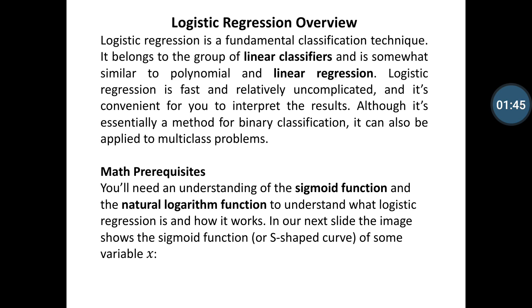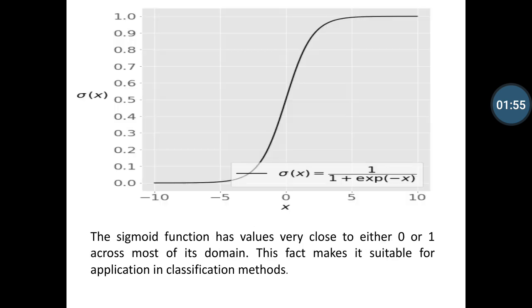In our next slide, the image shows the sigmoid function, or S-shaped curve, of some variable x. In this graph, you can see a line that is defined as the sigmoid function. Here we define the calculation: sigma of x is equal to 1 divided by 1 plus e to the power minus x.